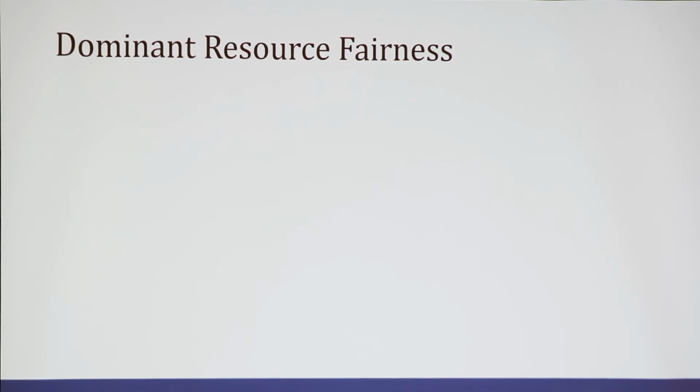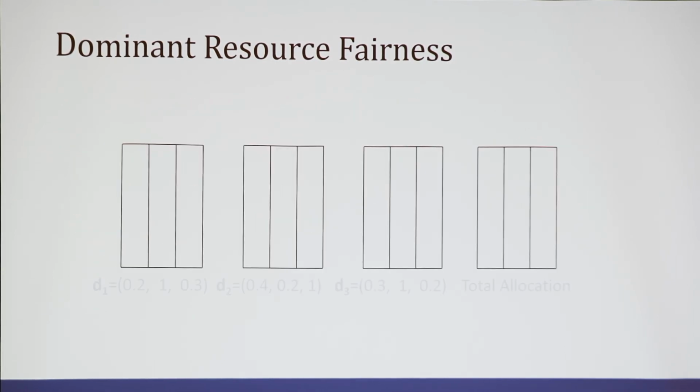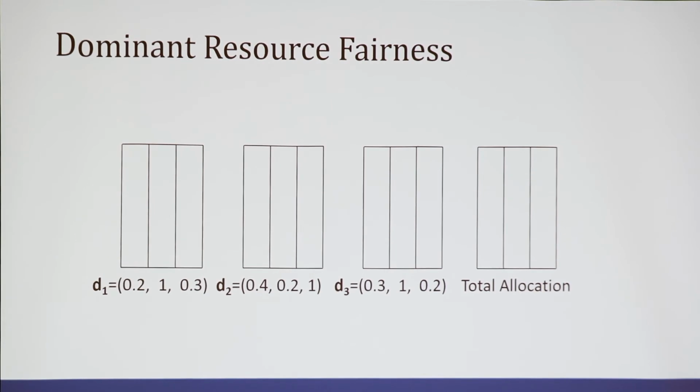So let me give you a visual demonstration of how this works. Suppose we have 3 resources represented by these 3 bars, and every agent has some demand vector. So this agent demands 0.2 of the first resource, 0.1 of the second, and 0.3 of the third. What we're going to do is fill the allocation of these agents in the ratio they demand until we run out of resources for at least one of our goods.